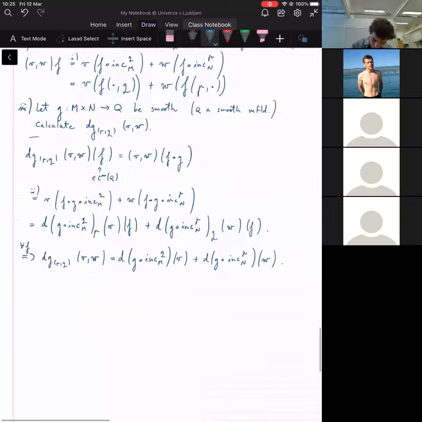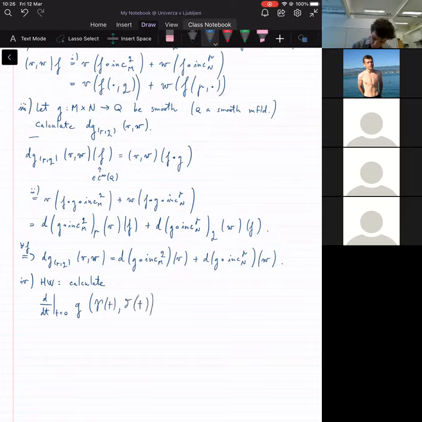So, and for the fourth part of this exercise, and this is homework now, calculate the velocity of the following curve.